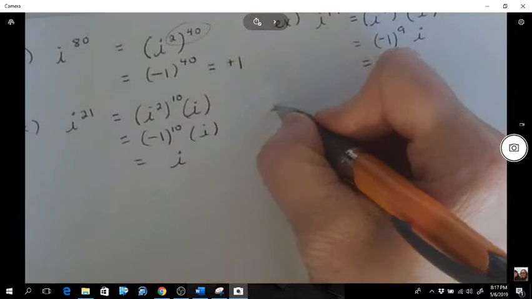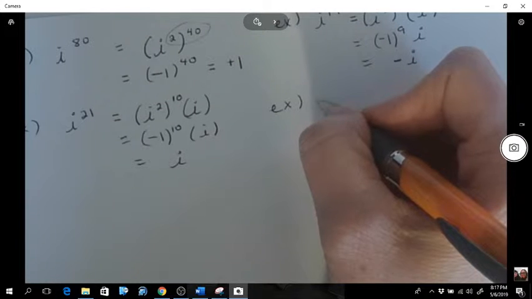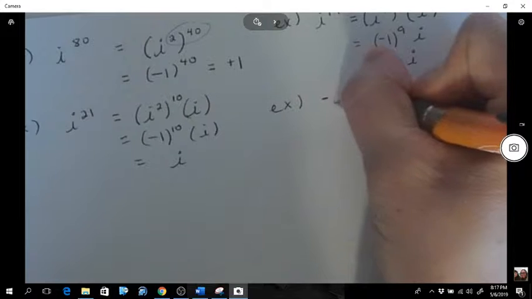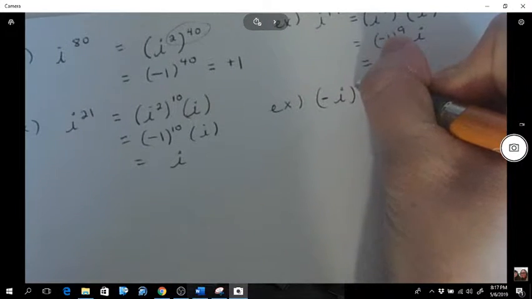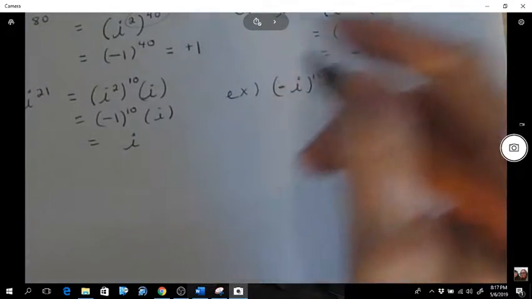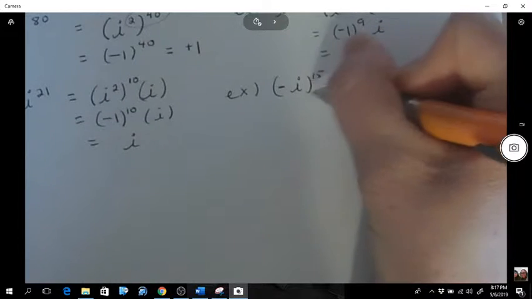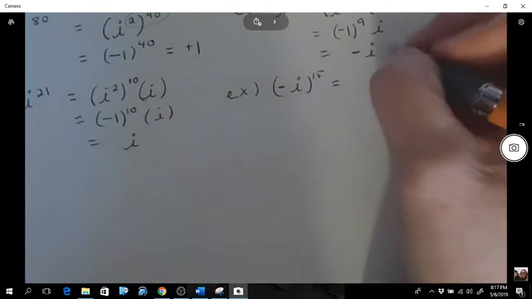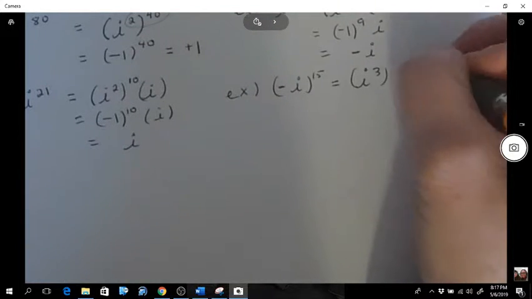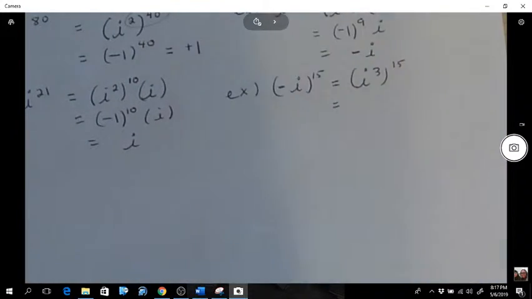Let's see here, another example. Negative i to the 15th. Simplify this one. Okay, so another way to write negative i, if we recall, was i cubed. Does that make sense? Remember that from the start?